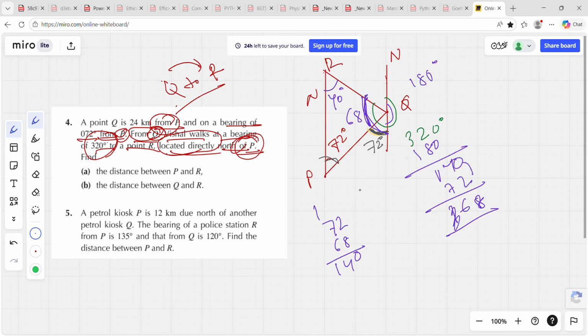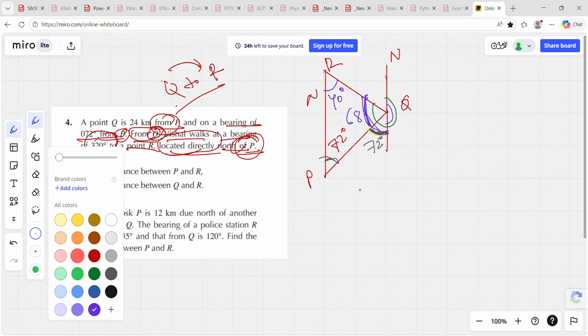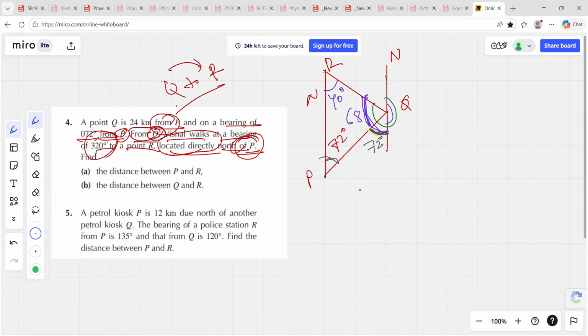So you got 40 degree, 68 degree, and you get 24. The PQ is 24 degree.